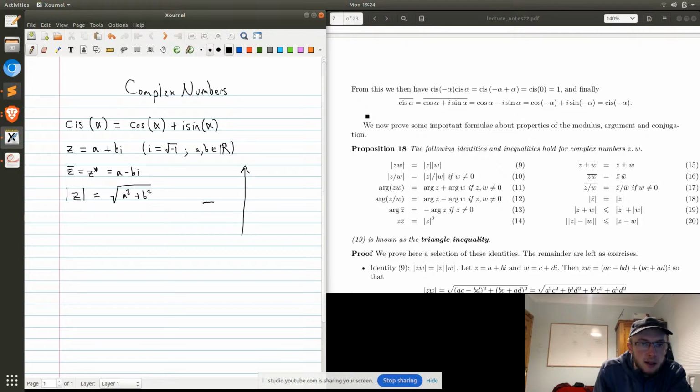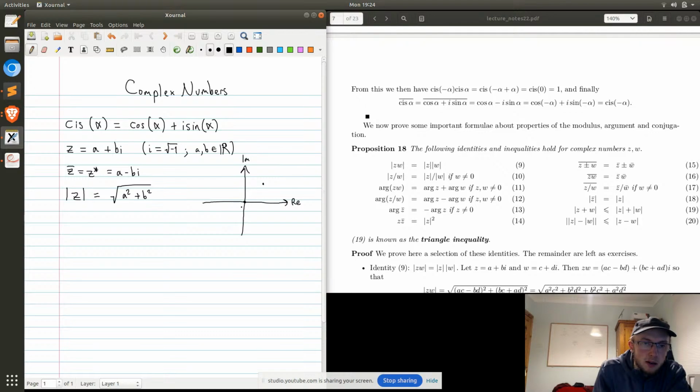which is this construction where purely real numbers lie on the horizontal axis and purely imaginary numbers lie on the vertical axis, and proper complex numbers, which have a non-zero real part and a non-zero imaginary part, are in one of these four quadrants here.